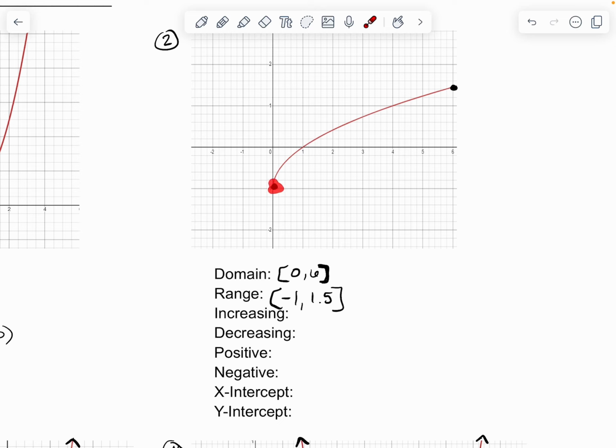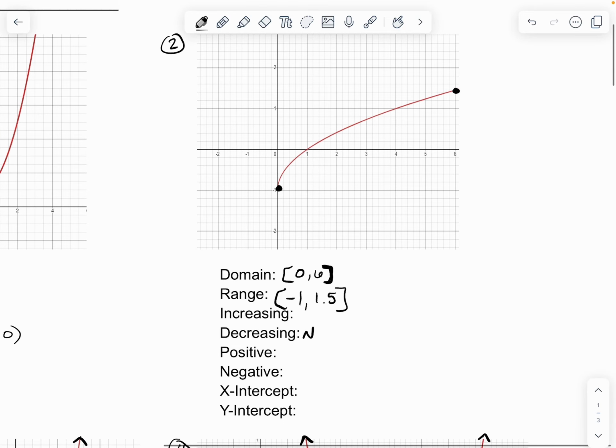All right, again, start on the very far left of your graph and trace the graph. What's happening? My graph is going up. All right, my pencil is going up when I go from left to right. So this one looks like it's always increasing. There is no area that's decreasing. So when is it increasing?